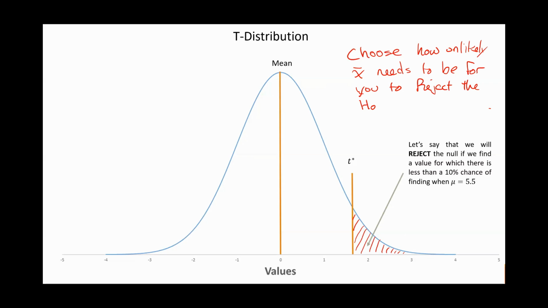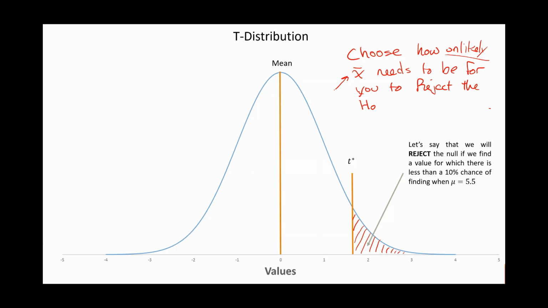Practically speaking, we will pick a probability to reflect that unlikeliness, so to speak. And we use the t-statistic to communicate how likely or unlikely our sample mean is.